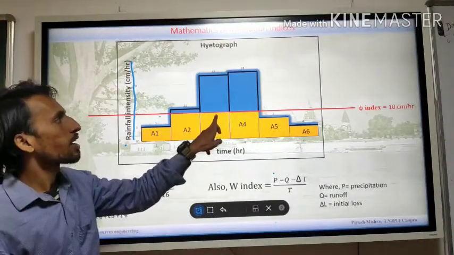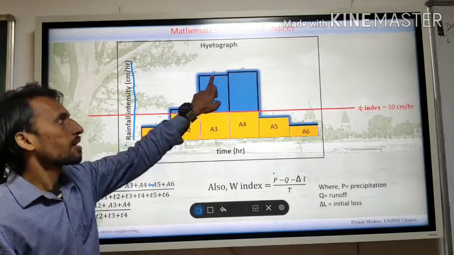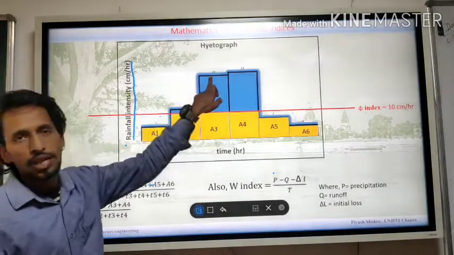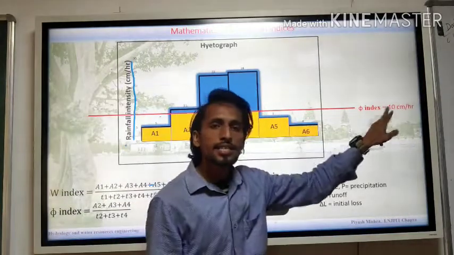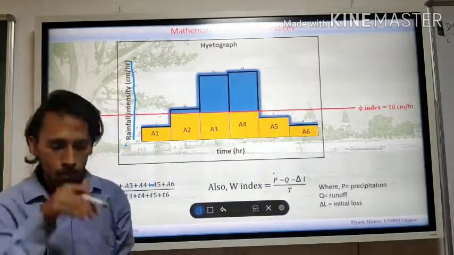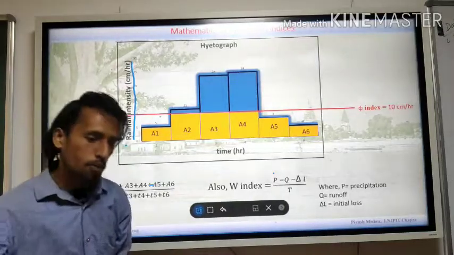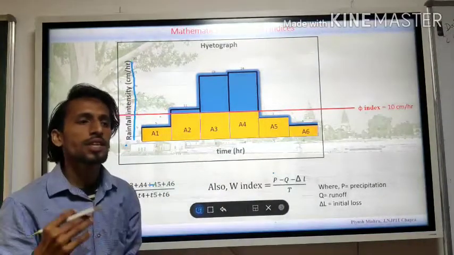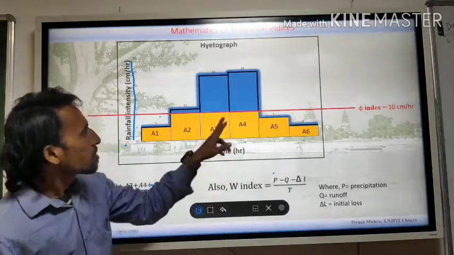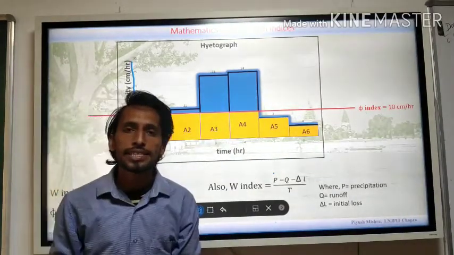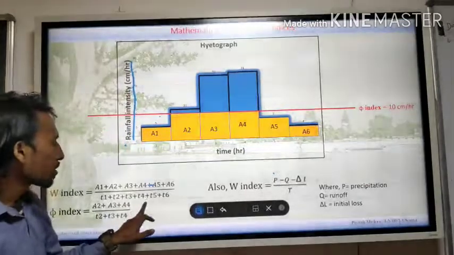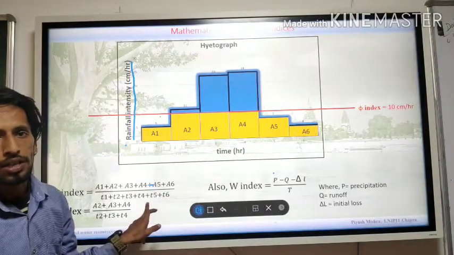Whereas you see this one, the rainfall intensity is 23. It is greater than this, so some water will go inside the earth, some water will be flowing as runoff. So if you consider all such rainfall intensities, then it will be your average value.